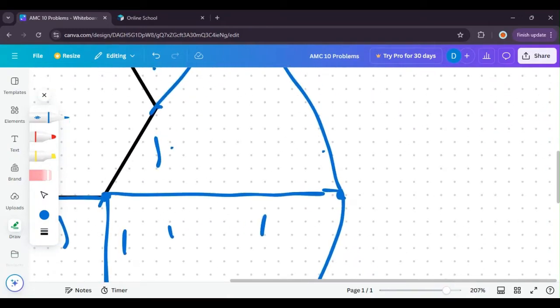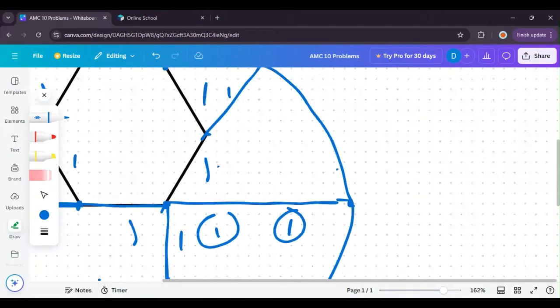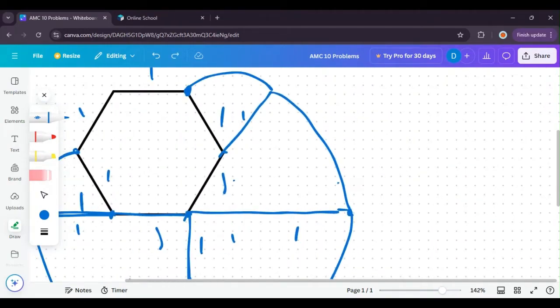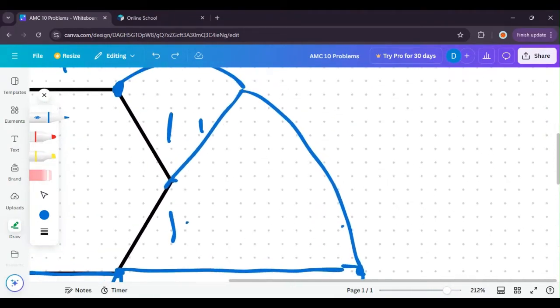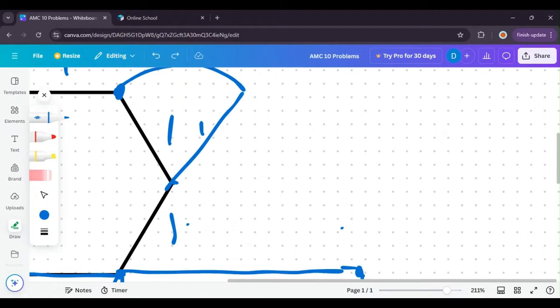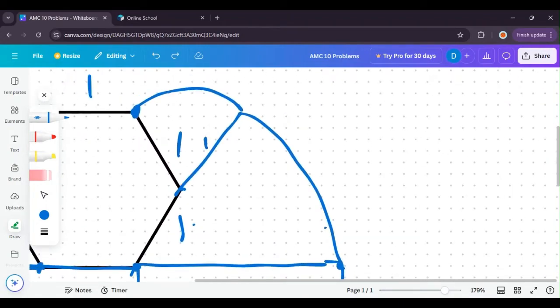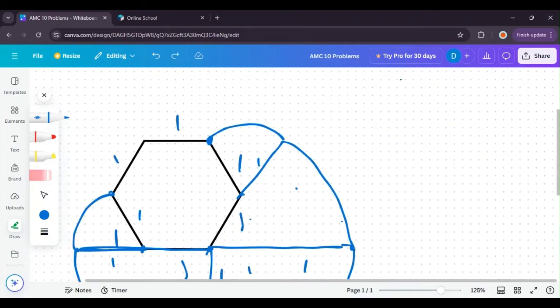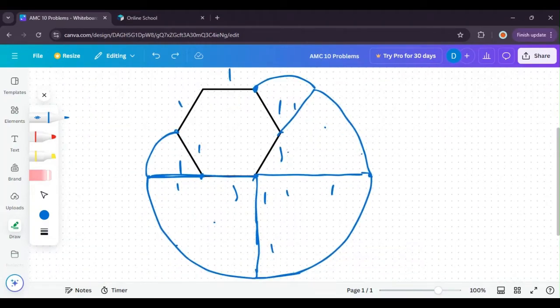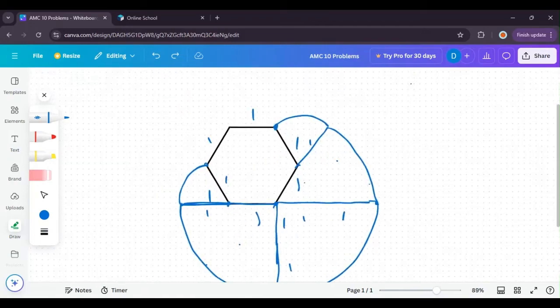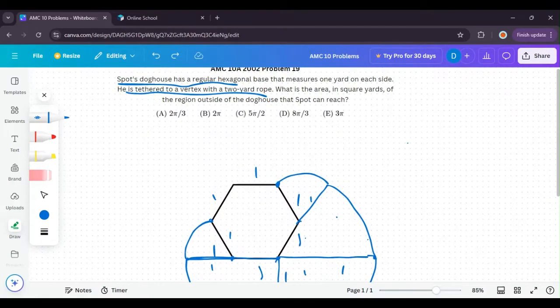So 1 plus 1 right here is equal to 2, and we're just doing that part of the circle. And we also have 1 plus 1 equal to 2 over here. So he can reach any point on the part of the circle, and any point inside it as well. So this is the total area that Spot can go to that is outside of his doghouse.